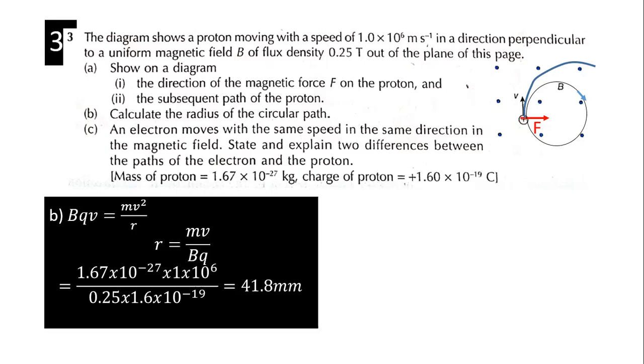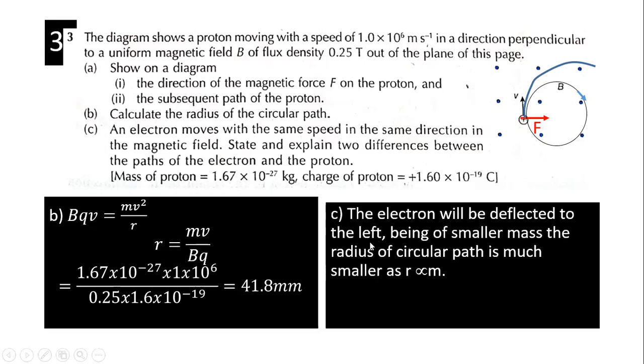It's C, right, sir? Yeah, we are doing part C, replacing that positive charge with the electron. So what are the two differences you are expected? Electron is charged negative. Magnetic force on electron is in the opposite direction. So if the proton deflected to the left, the electron deflects to the right. That's one difference. What's the other difference? Mass of electron is smaller than mass of proton.